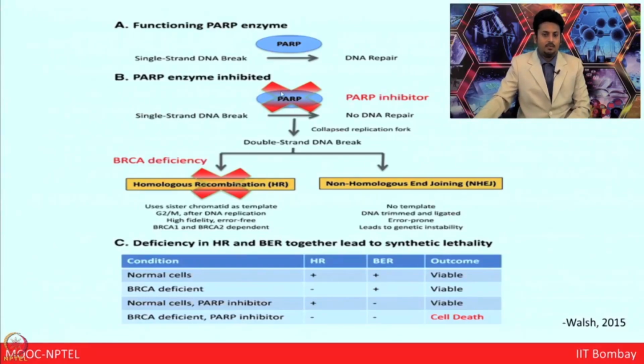If PARP enzyme is inhibited, there is no repair, which leads to collapsed replication fork. And the BRCA deficiency does not allow homologous recombination to happen. In C, the deficiency in HR, homologous recombination, and base excision repair together lead to synthetic lethality.